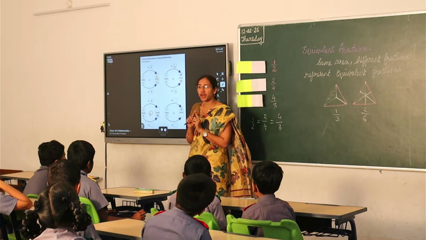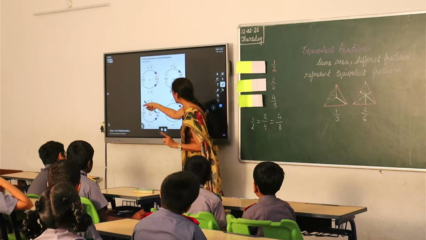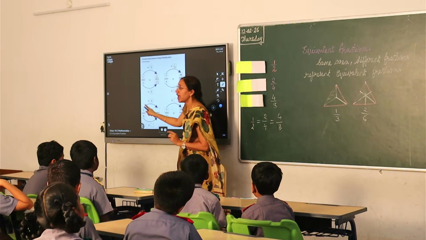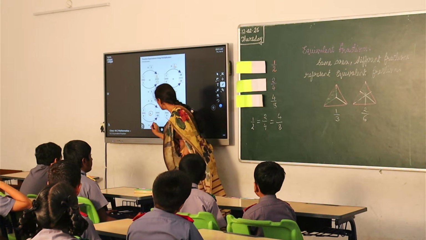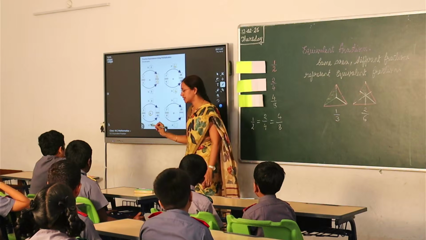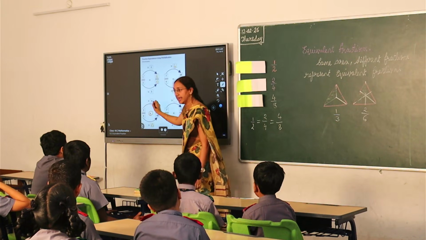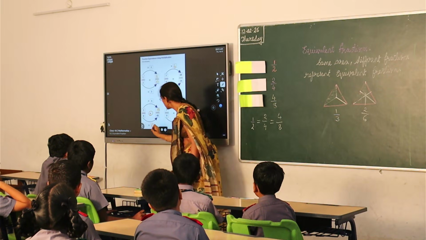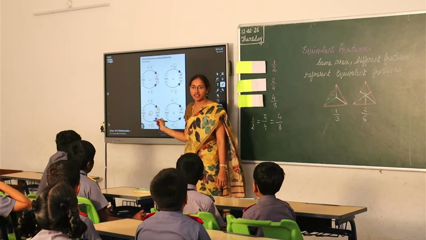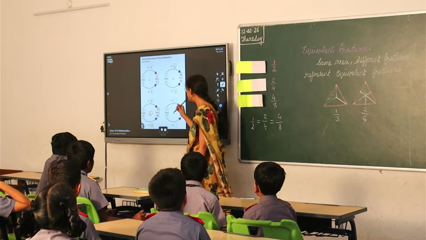When can two fractions be equal? When the numerator and denominator are multiplied with the same number. So here also you need to multiply with 6. 3 times 6 is 18. 8 times 6 is 48. This he already gave.